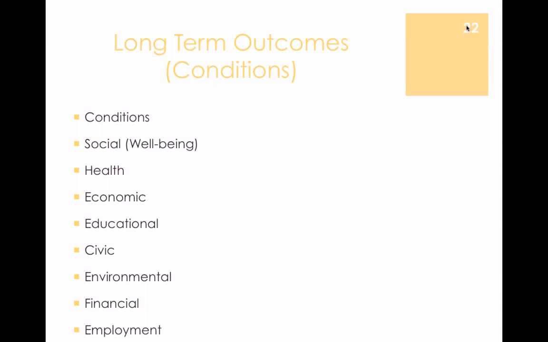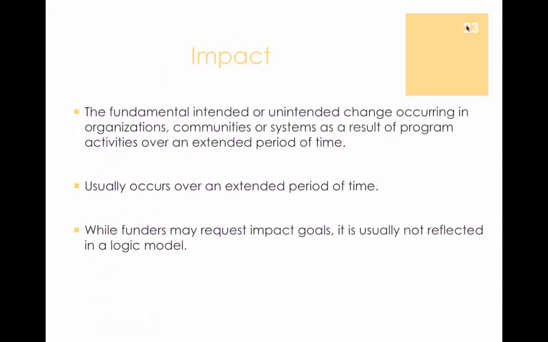And if you change one of these areas long enough, then we start to see a long term outcome, which may be a change in your condition, your well being, your health, your economic level, your educational level, your civic participation, the environmental impact, your financials, your employment status. Basically, if you learn something and you do something differently or you do something well, then you're going to get a long term objective.